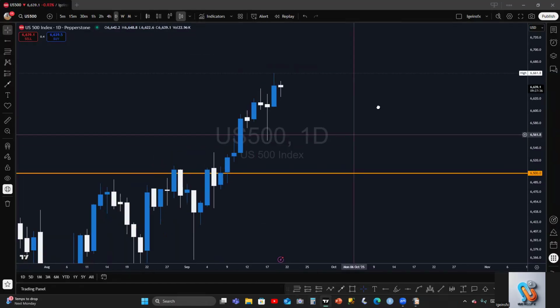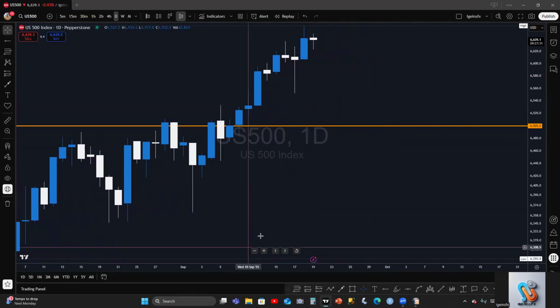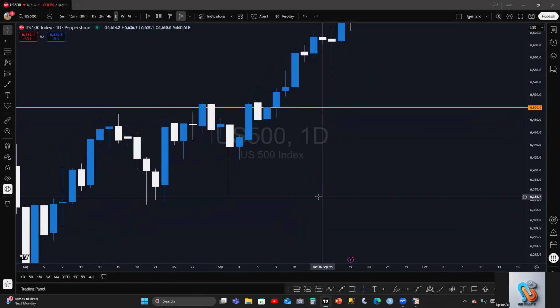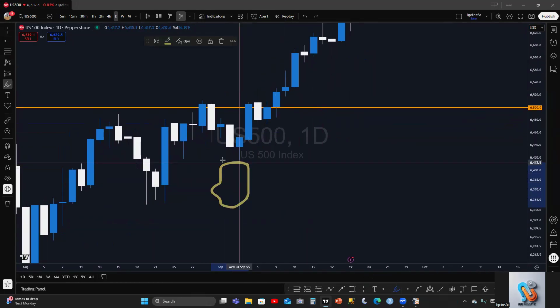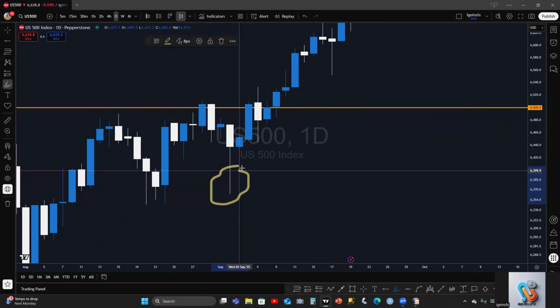this slide. Let's go to the chart. Let me show you some little examples so that you understand what we are saying. For example, you see this? This is a hammer, a complete hammer. You can see that price pushed all the way to the downside.